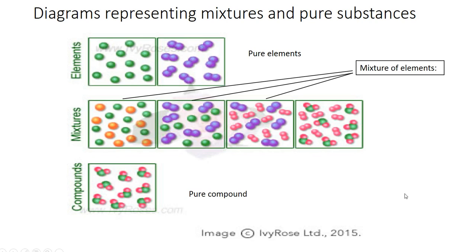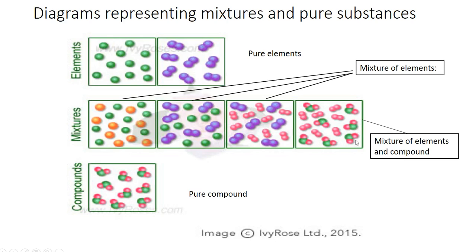Then here we have mixtures of elements. You can see this element is mixing with this element in this case. This element is mixing with this element. This element is mixing with this element. So these first three are mixtures of elements. This one is a mixture of an element and a compound.